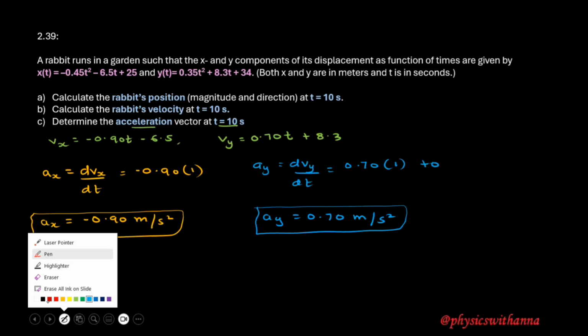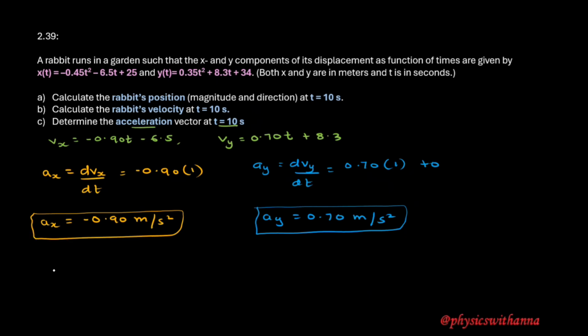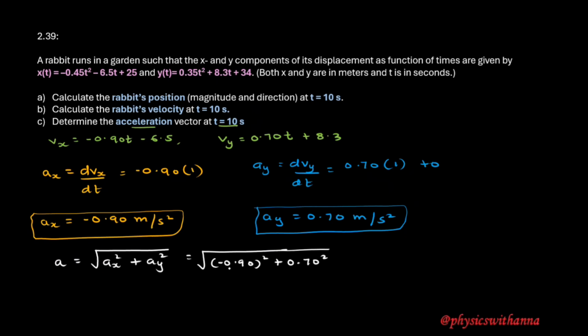After we find the x and y component of acceleration, we find the resultant, square root of ax squared plus ay squared, which is equal to square root of negative 0.90 squared plus 0.70 squared. Remember, if you're putting the negative sign here, you have to put it inside the bracket and not outside of it.